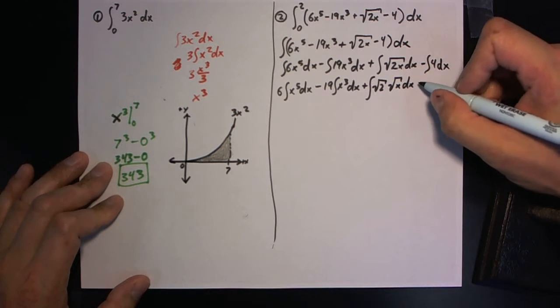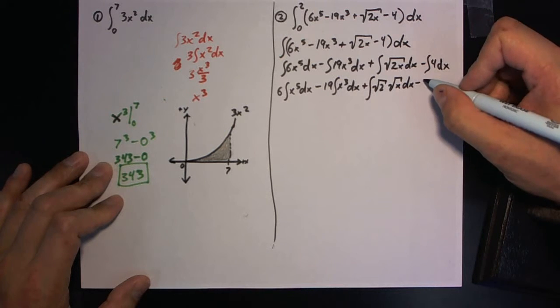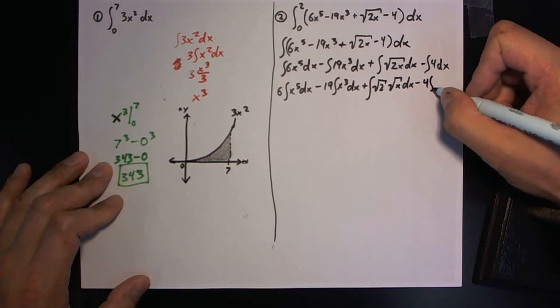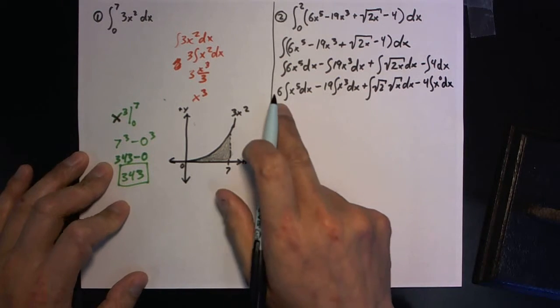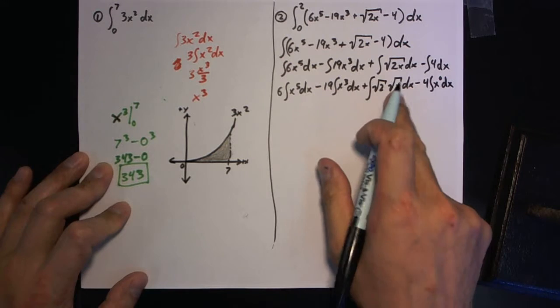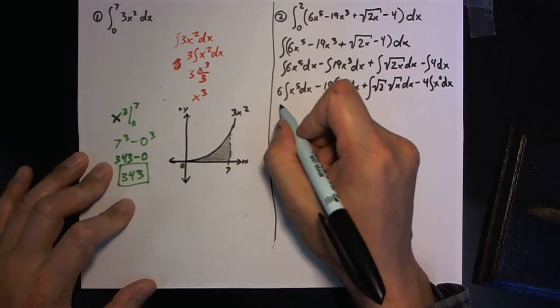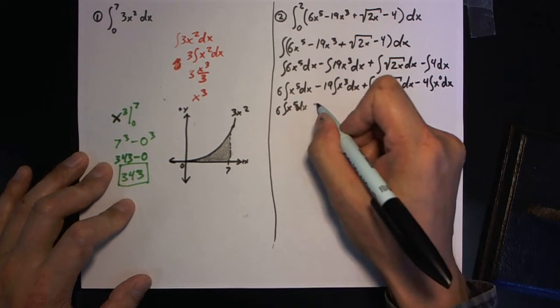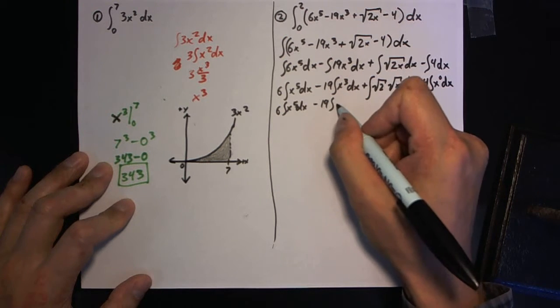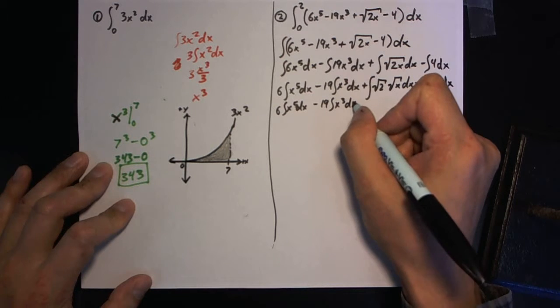And here, 4 is the same thing as 4 times the integral of x to the 0 power. Alright, I'm not going to change any of these except for this one with the square roots. So I'm just going to copy this down. And this term. No changes so far.